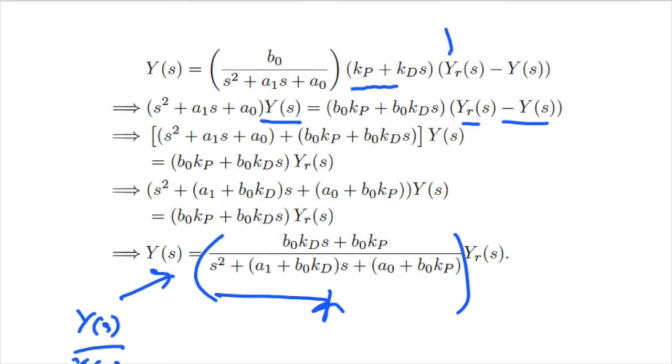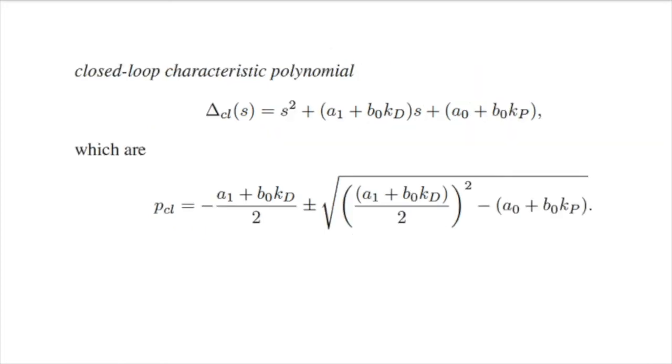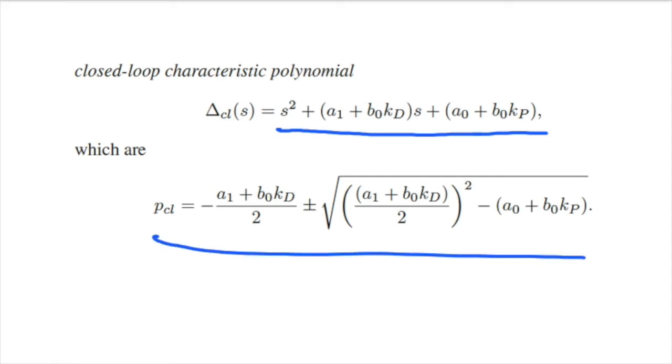You will see that Kd and Kp appear in the coefficients. Now you can go ahead and find the roots of the closed loop transfer function, right? The solution of this equation will be the poles. This is your closed loop characteristic equation, and these are our new poles.